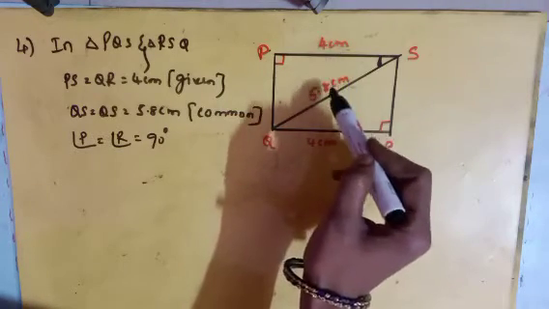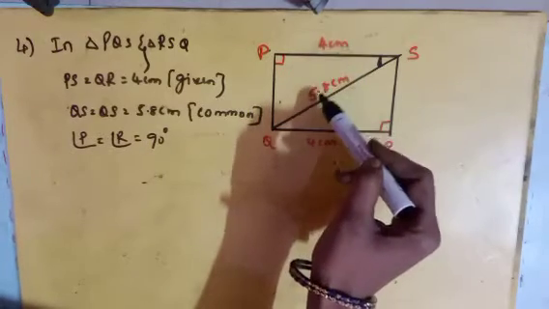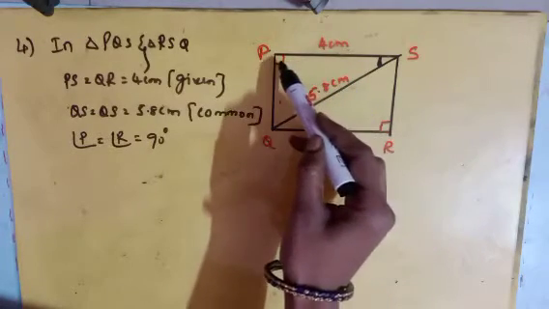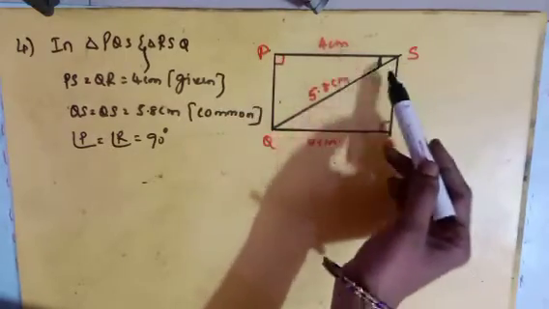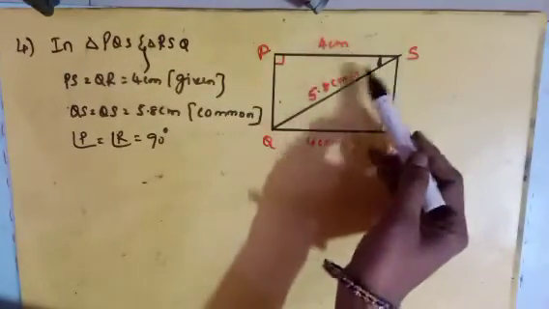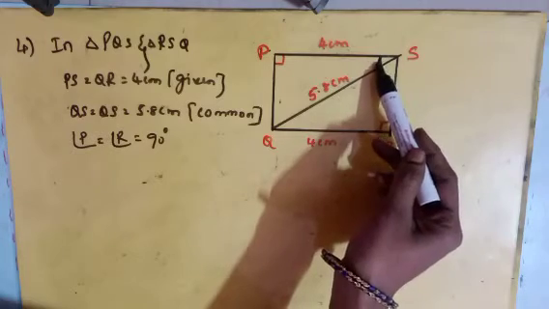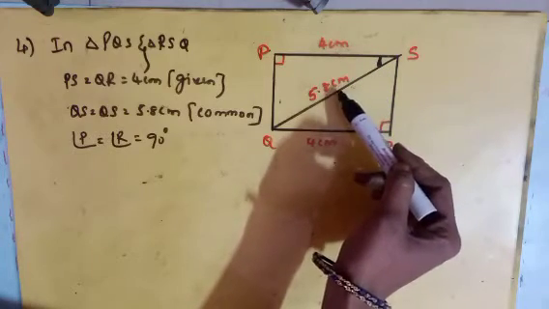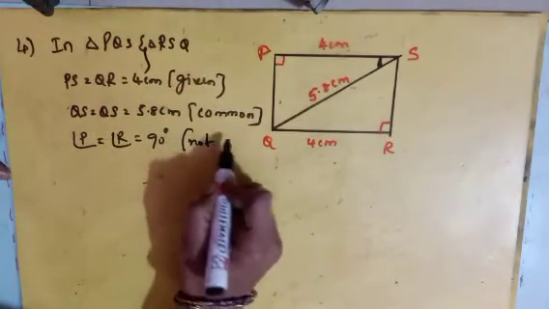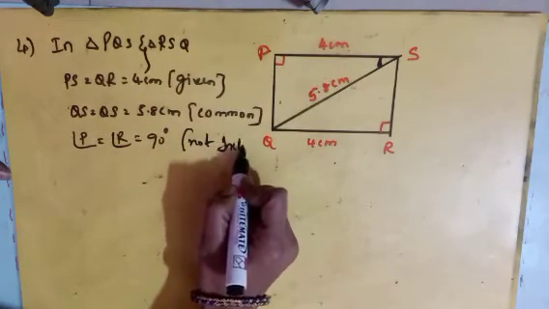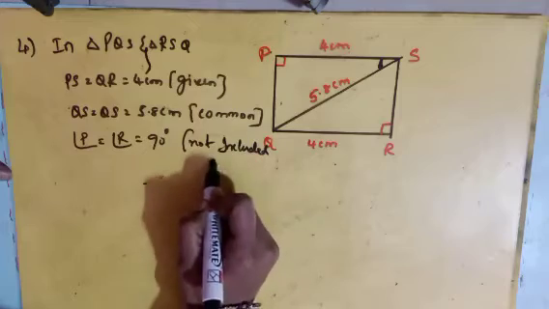Between 4 centimeter and 5.8 centimeter, this P is not an included angle. So angle PSQ would be the included angle between the two sides. So angle P is not included angle.